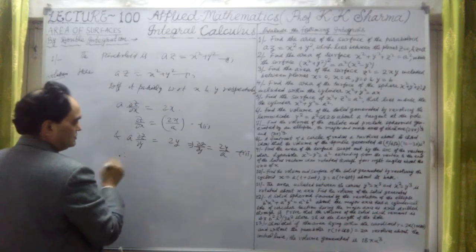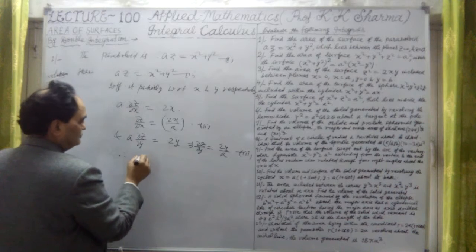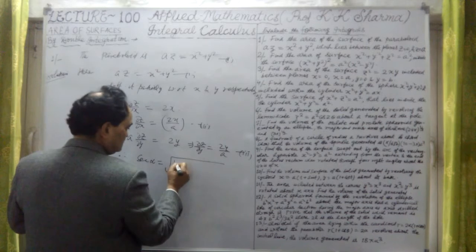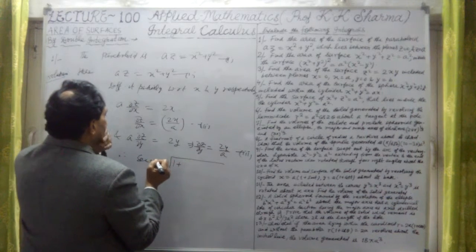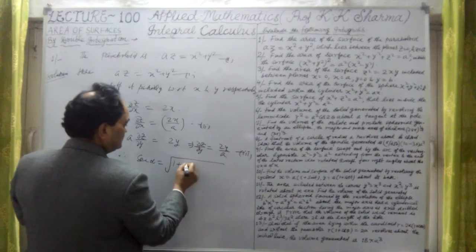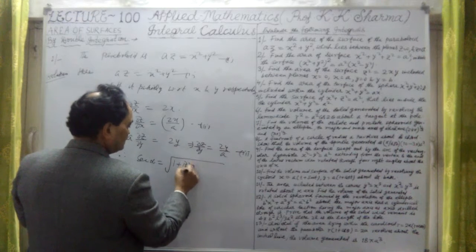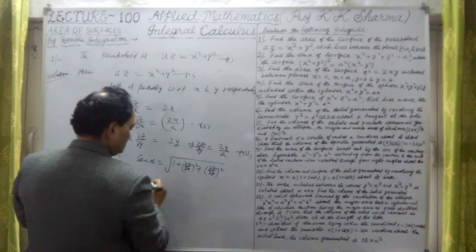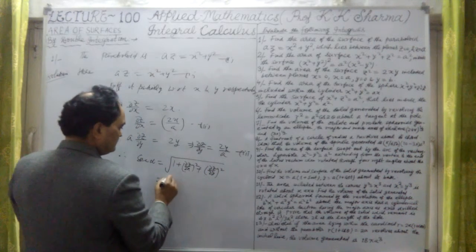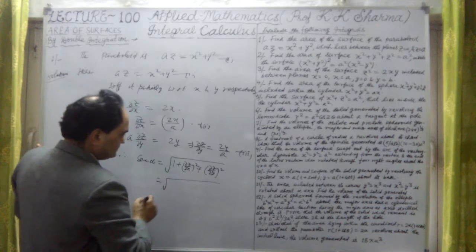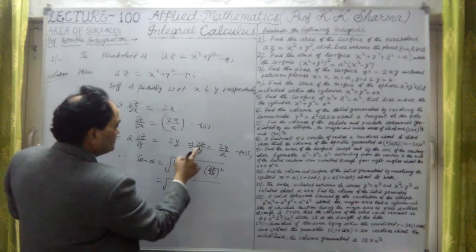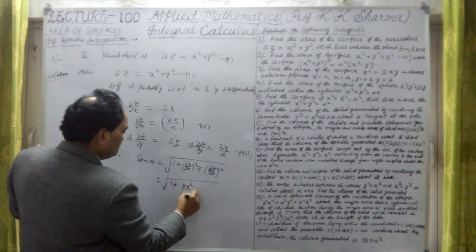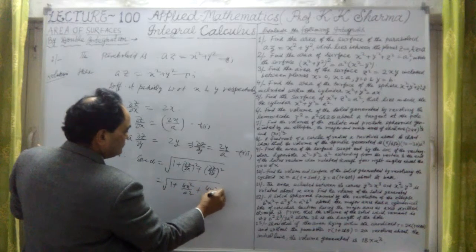Therefore, in this case, the surface element is equal to under root 1 plus del z del x whole square plus del z del y whole square. So it will give us 1 plus twice x upon a, that is 4x square upon a square, plus 4y square upon a square.